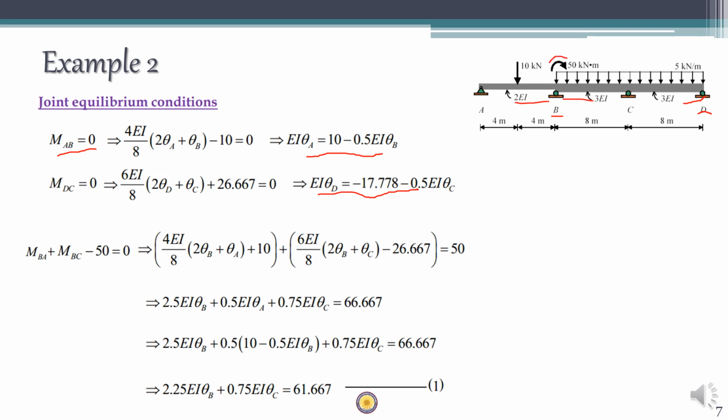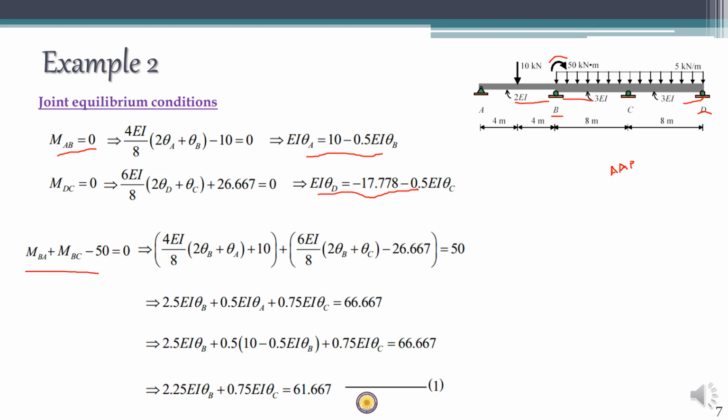This is going to be a negative active moment, because anti-clockwise active moments are positive, which means that the clockwise active moment is negative. So here we have 50, which is clockwise, which means that this is a negative support moment. So at B you have to take the sum of all the support moments as 0, which means that MBA plus MBC minus 50 is equal to 0.